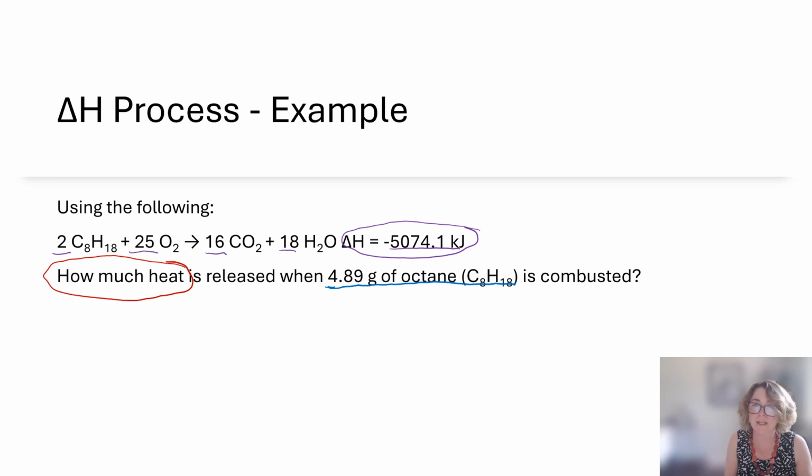If I think through my mole map and set this up for myself for exactly how I want to step my way through this example, I'm going to be starting with my grams of octane.